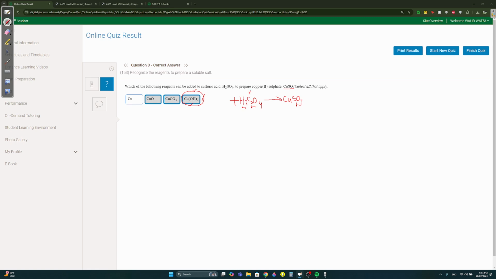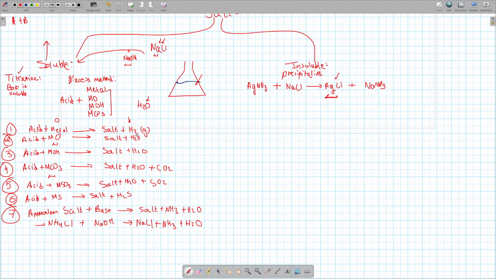What else? You have H2SO4 as an acid. Acid plus what will get you salt? Acid plus metal? Yes, but remember the metals, and I gave this last week, can't be copper or silver, Cu or Ag. But if you put copper with oxygen, it's fine.